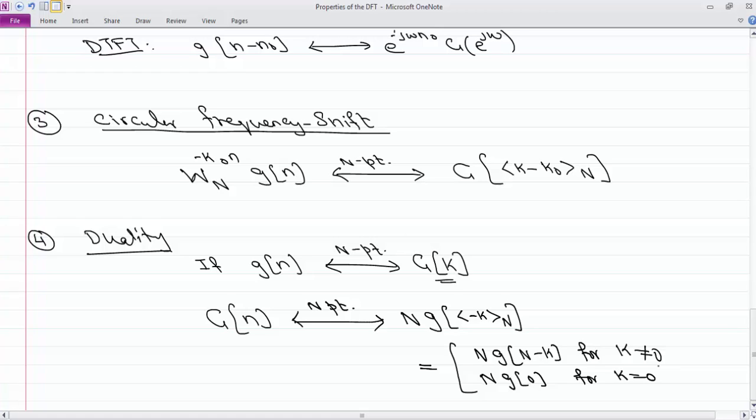So the shape is almost the same with some circular shift. If you are given a time domain sequence, you compute its DFT, or if you are given a time domain sequence whose signal is very similar to the DFT of the first sequence, the DFT of that sequence will be just like the original signal, but with some small circular shift.